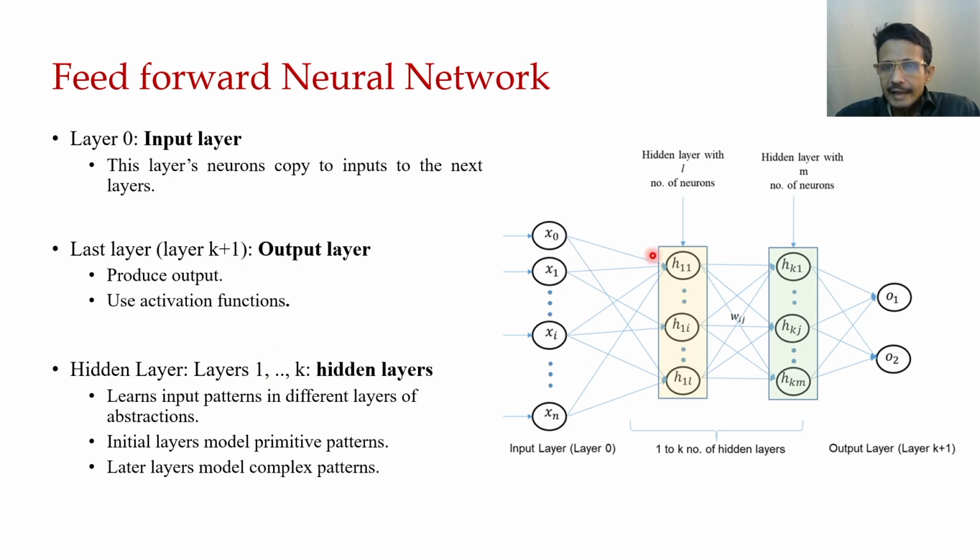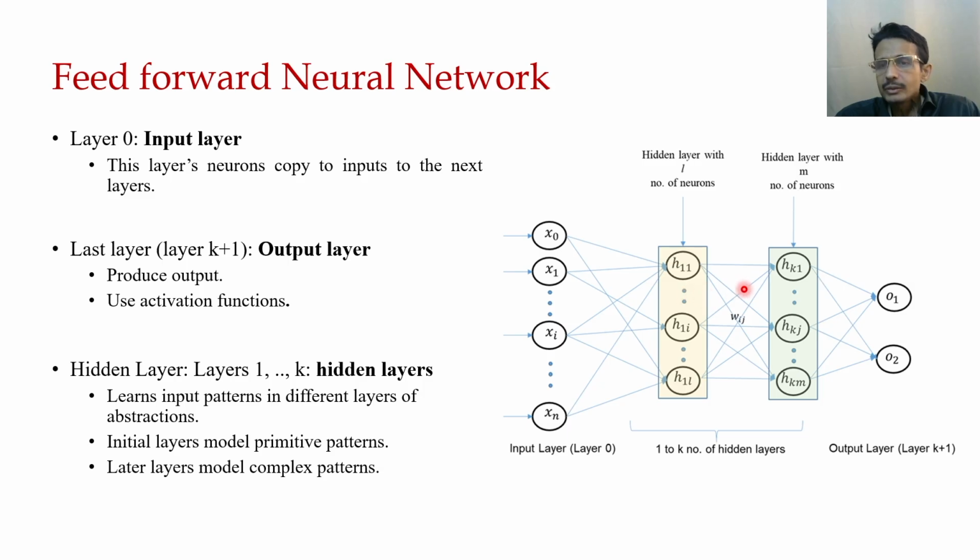That is a very important statement: it learns input patterns at different layers of abstraction. As we have seen before, the first hidden layers model very primitive geometrical patterns, like an edge or a slanted edge.